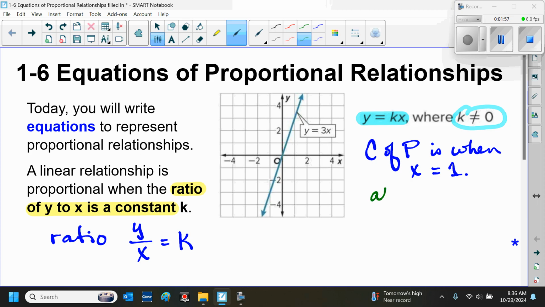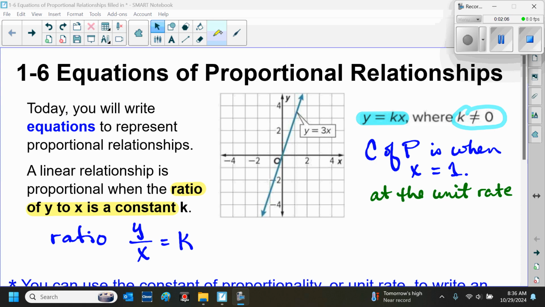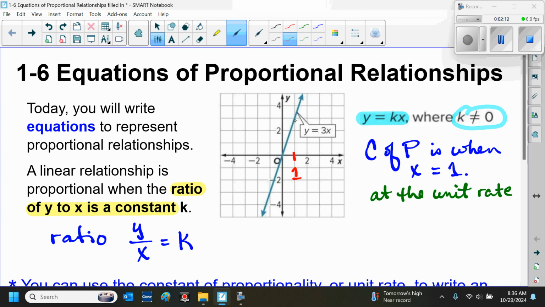In this example, there's 1, and then we go up to the graph, and this number here is 3. So the constant of proportionality is 3 over 1. This is the y value, this is the x value, and y over x is 3 over 1. So the constant of proportionality, or k, is equal to 3.